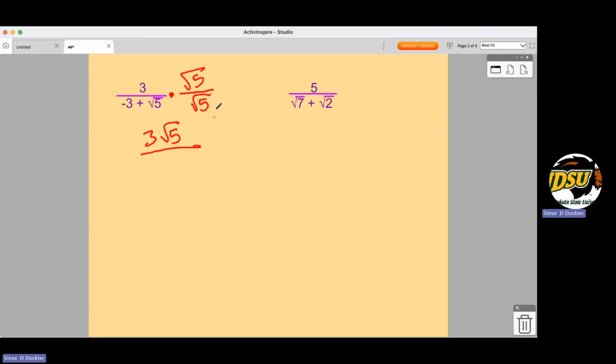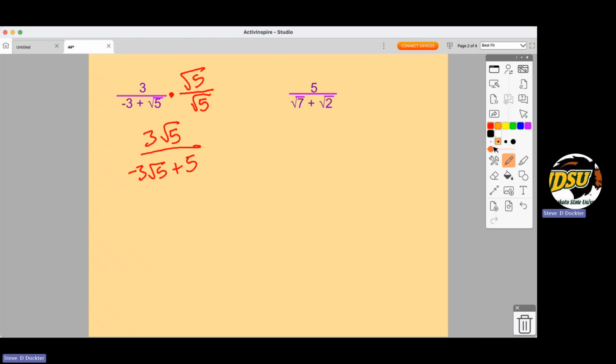Now, the bottom, we are hoping to multiply by square root of 5 here to get rid of the square root. But that doesn't happen here because we would have to FOIL this out. This becomes -3 square root of 5 plus square root of 5 times square root of 5 is 5. So we did get rid of this square root of 5, but we didn't get it for the other one. So that didn't do us any good.